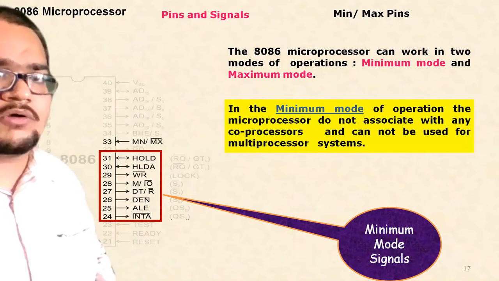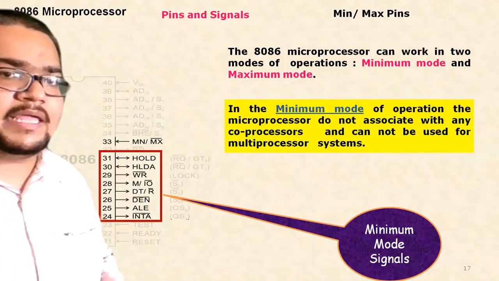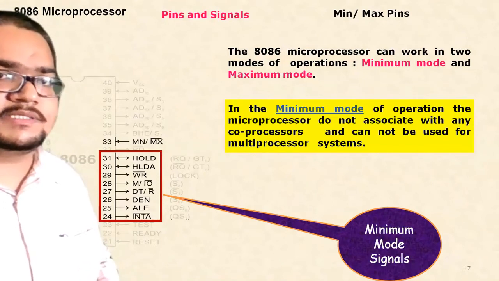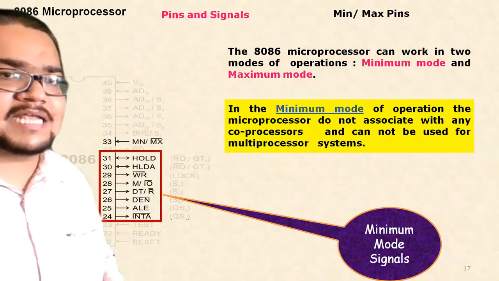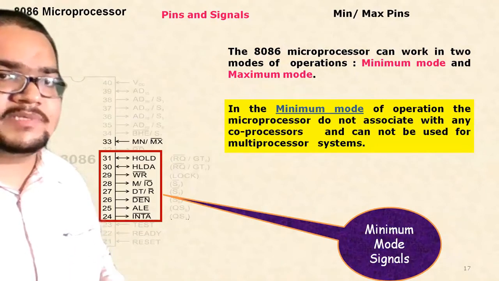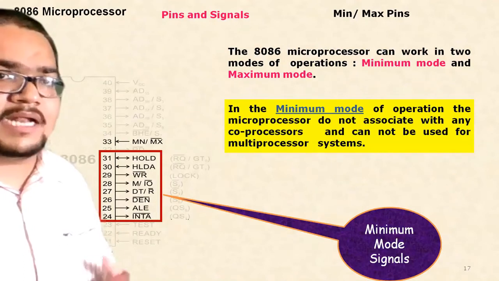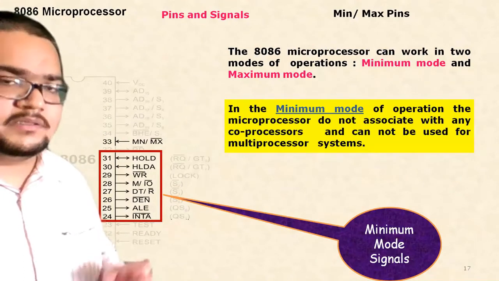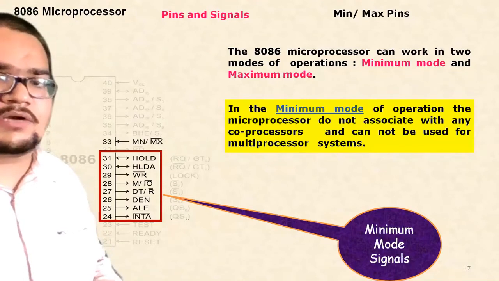Hold acknowledgement and write. M/IO bar means memory or IO devices. DT/R means data transmit or receive. DEN means data enable. ALE is address latch enable. INTA is interrupt acknowledgement. We will check what they are in detail later.